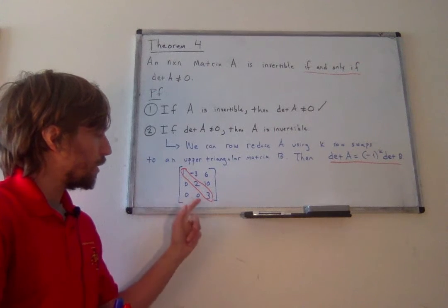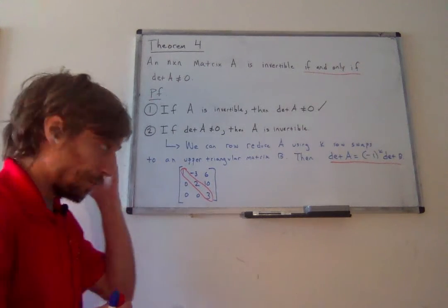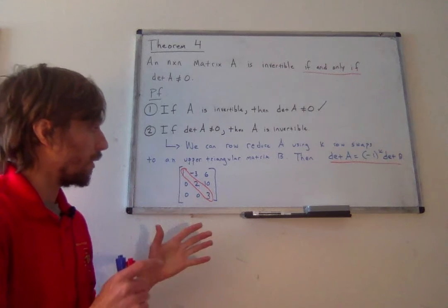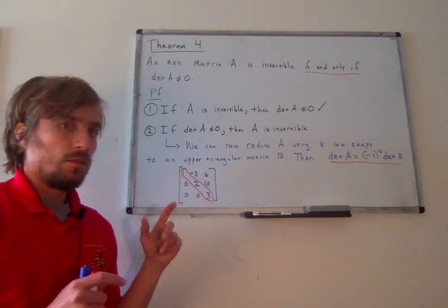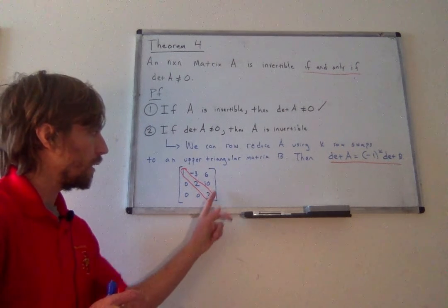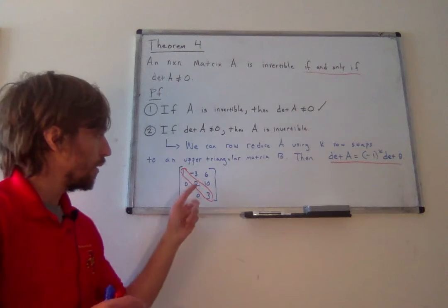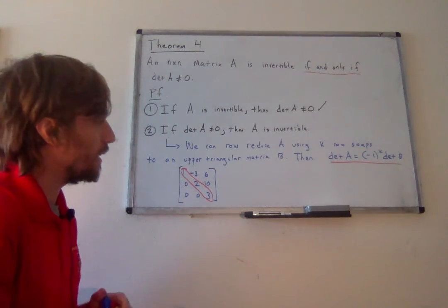So we know that the determinant of this matrix is equal to 1 times 2 times 3, which is 6. But even more than that, I can look at this matrix and tell you that it will row reduce to the identity. Because notice, this 3 will clear out the column above it, this 2 will clear out the column above it, and then it's just a few more steps to get the identity.